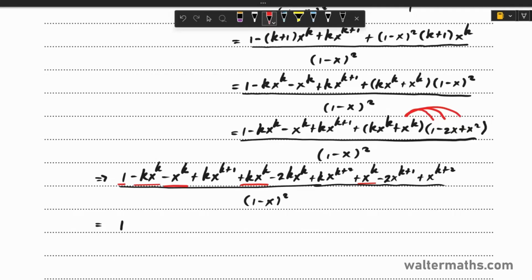Then we also have the kx to the k plus 1, so I'll just write it as it is. So we have kx to the k plus 1.